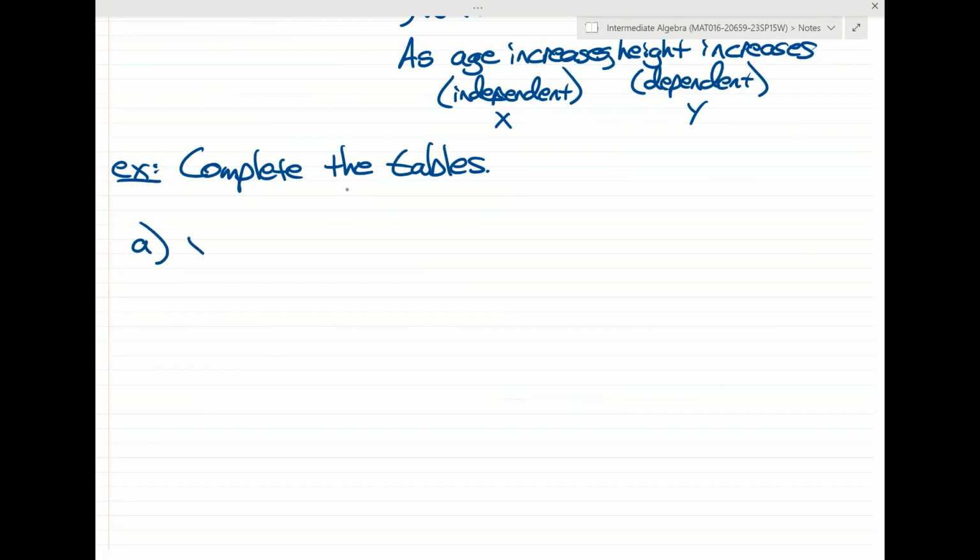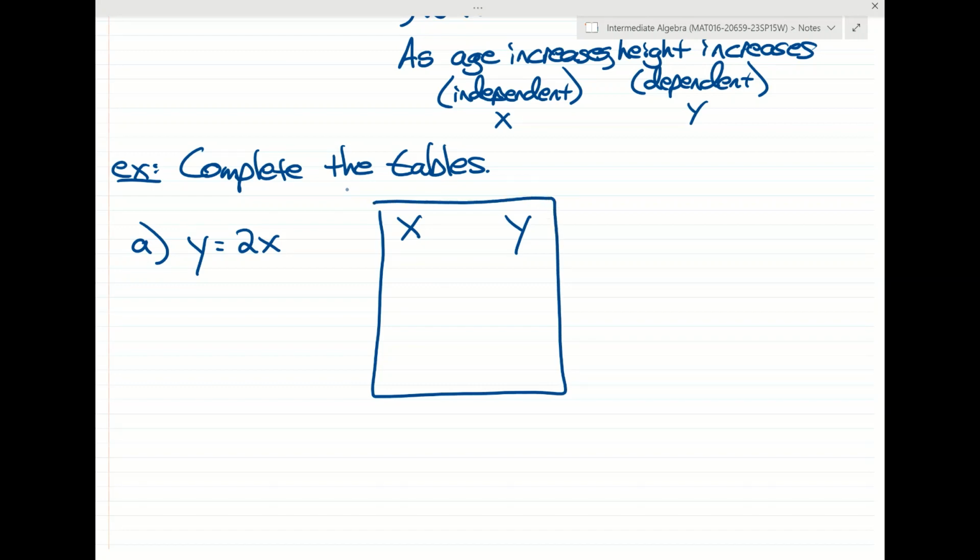First table, it says y is equal to 2x. And we have an x and a y column. I'm going to put 3 rows.